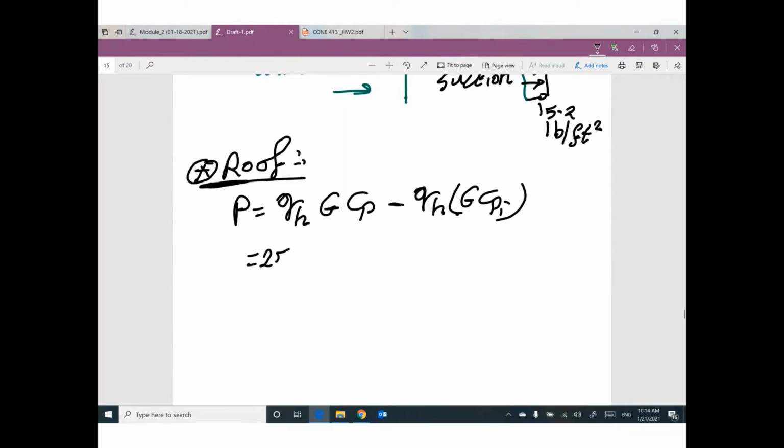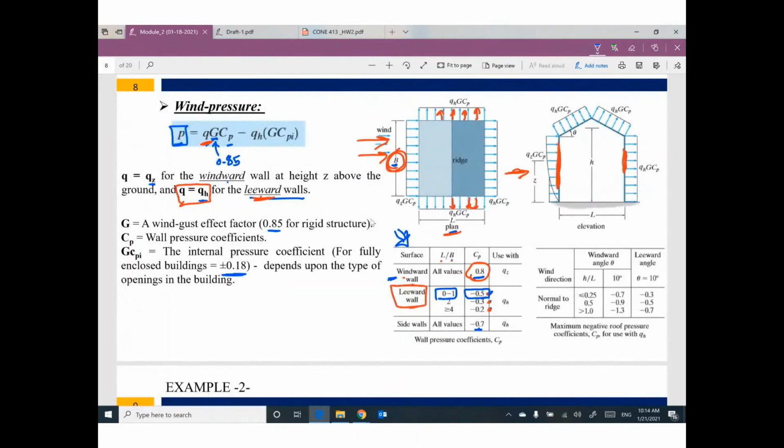So 25.1 times 0.85. What is the value of CP if you are talking about the roof? Where is the roof? Here you go. This one is the roof.